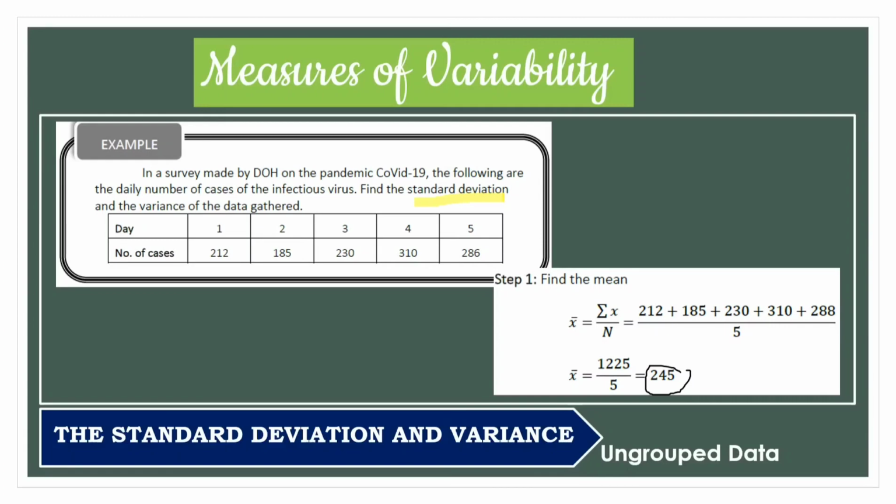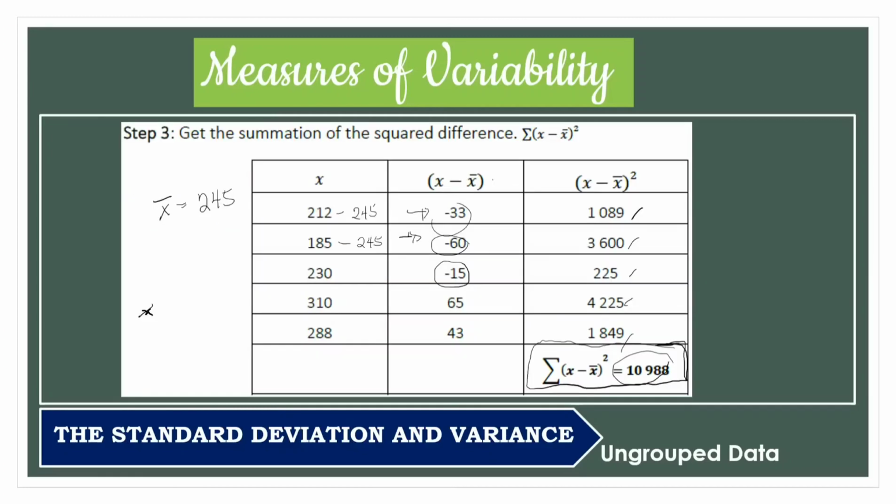So the total number of cases per day, 212 plus 185 plus 230 plus 310 plus 288 is equal to 1225. Divide that by 5, the result is 245. So that is the mean. We need the mean to accomplish the next steps.